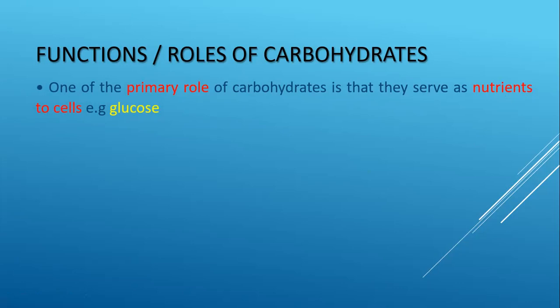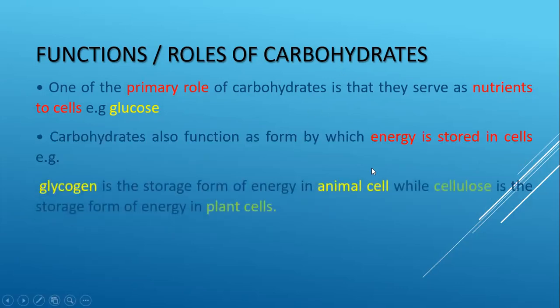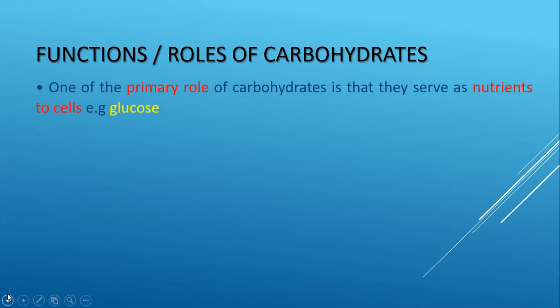When you eat food that contains carbohydrate, your body will break it down to get what it needs or what it can use. And the most important carbohydrate to the body is glucose, because that's the one the body can easily use to work.